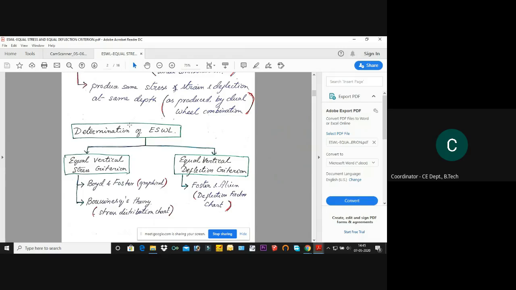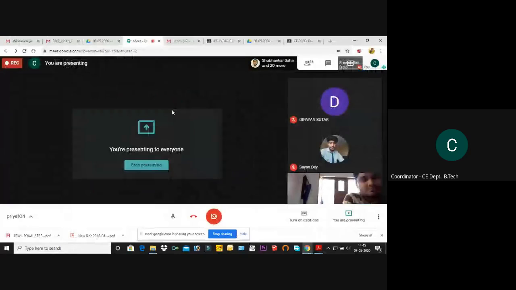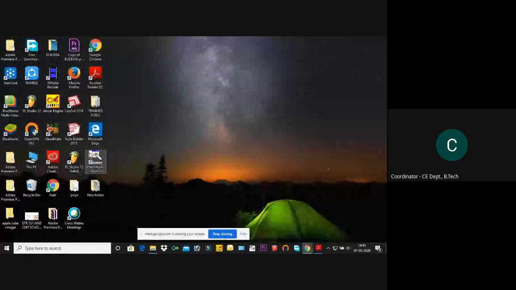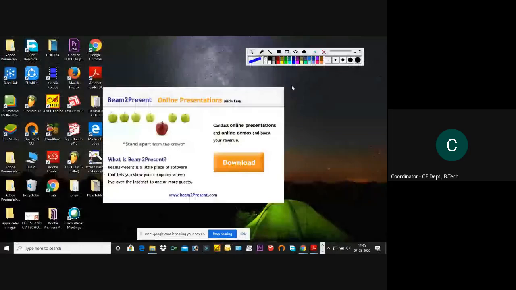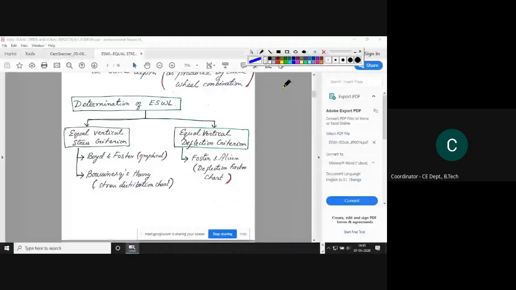Now for today's topic, we are considering only this method. For equal stress, we are using Boussinesq theory, and we have to use the stress distribution chart. I will show you how we can solve the problem using these charts.